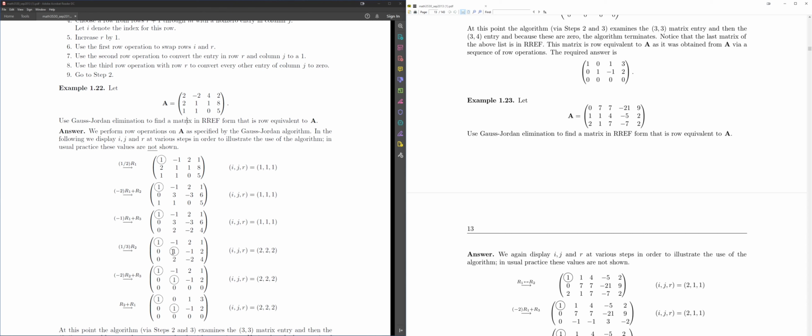So you can check mine. -2 times 1 is -2 plus this 2 over here gives me 0, right? -1 times -2 would give me 2 plus the -2 would give me 0. -2 times 2 gives me -4 plus the 4 over here gives me 0, right? Okay, so this row over here is just going to be zeros, right?